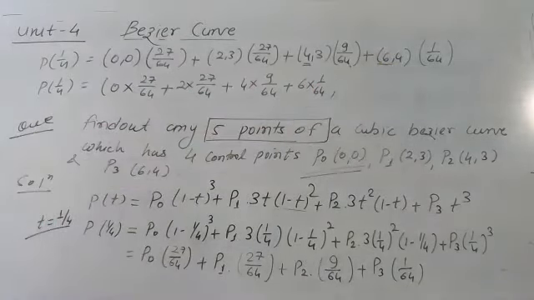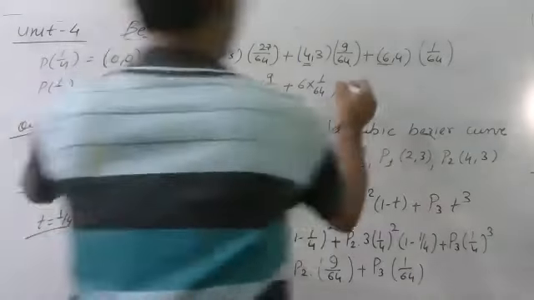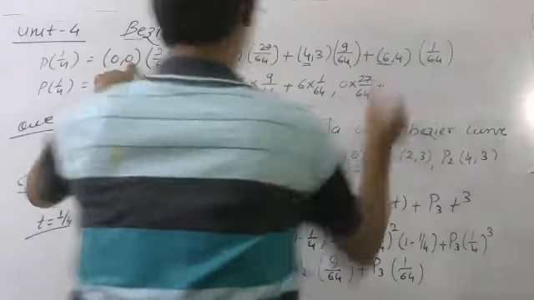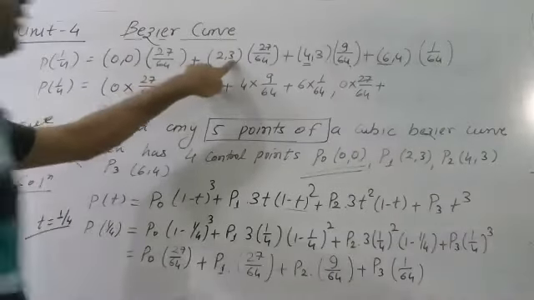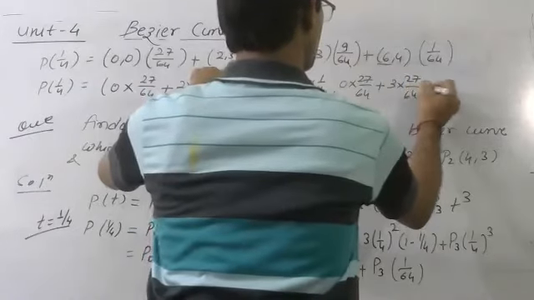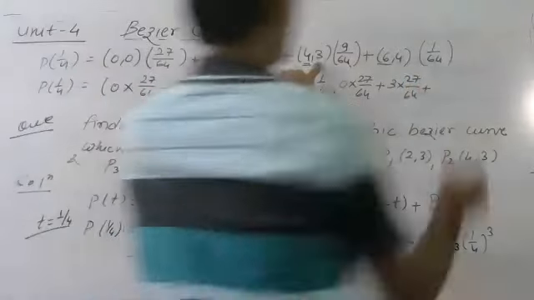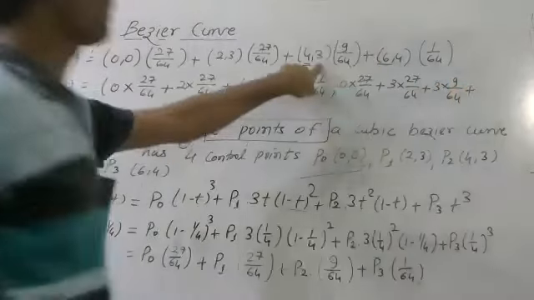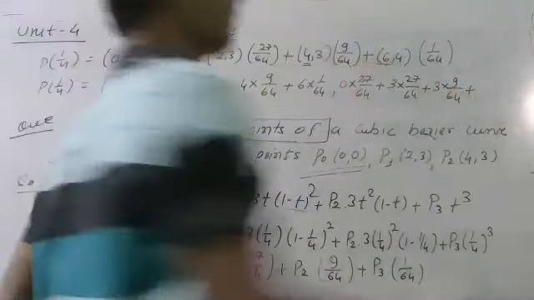Very similarly for the y coordinate: 0 into 27/64, plus 3 into 27/64, plus 3 into 9/64, plus 4 into 1/64.